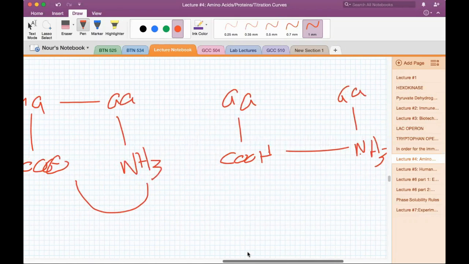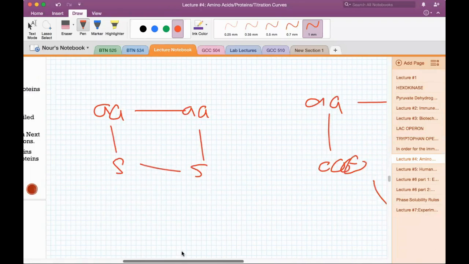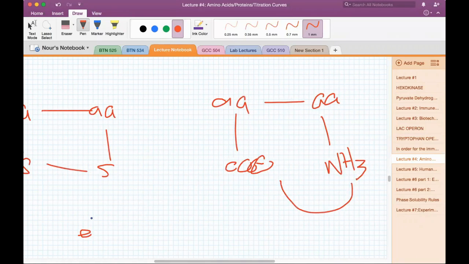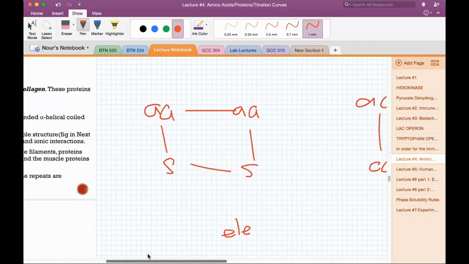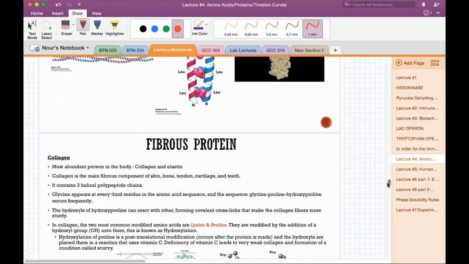So tertiary structure is bonds between the side chains. It can be disulfide bonds, hydrogen bonds, or electrostatic bonds, I think that's called. Metal ionic bonds too, as long as the bonds are between the side chains, that is a tertiary structure.